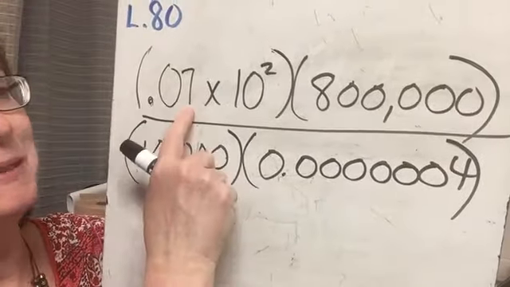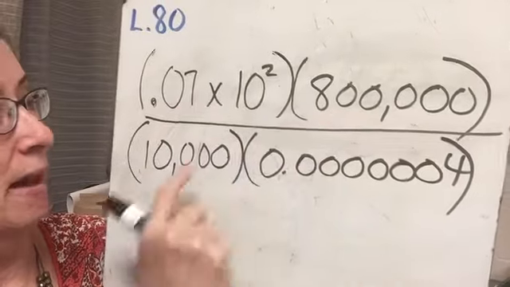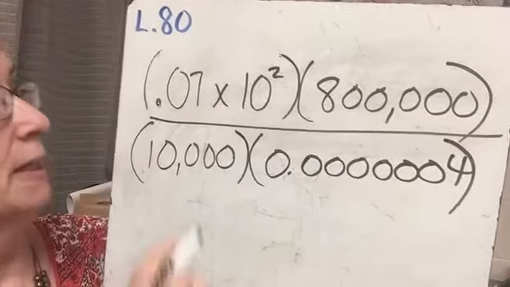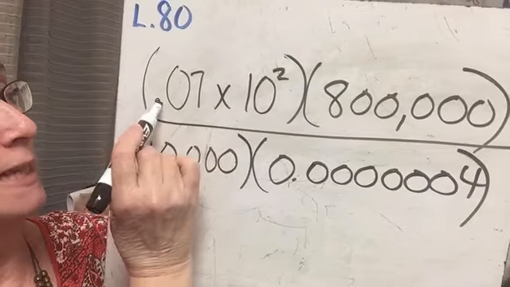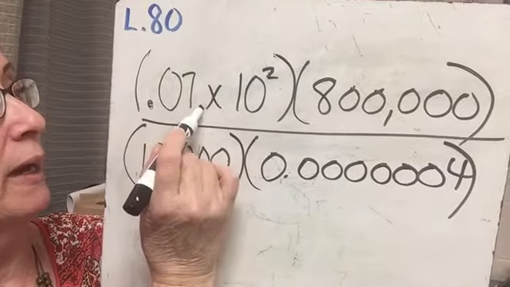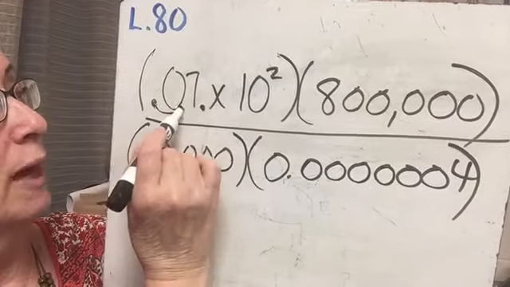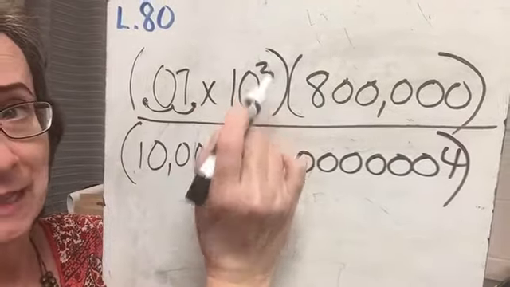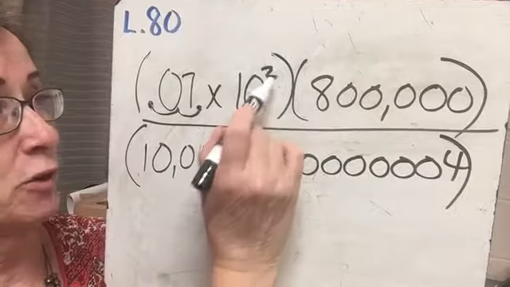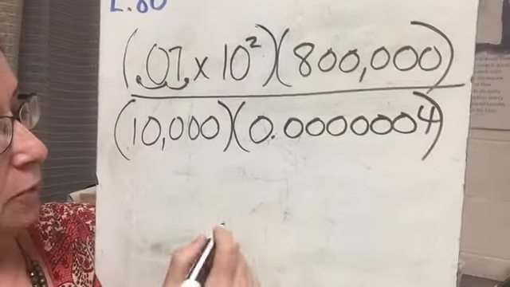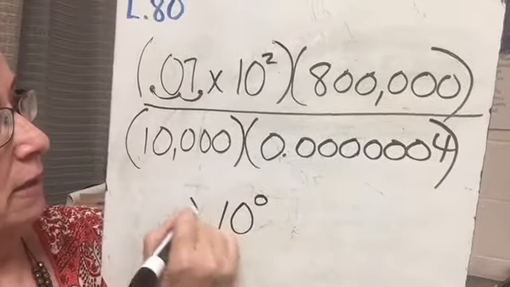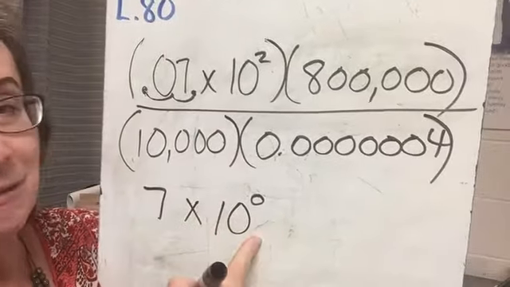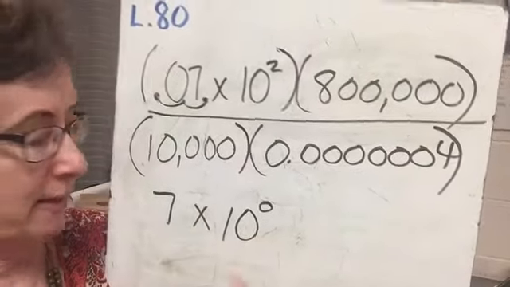All right, so this one's not in scientific yet. This one's not. This one's not. We've got to do all of them. Okay, so we take the decimal from where it is now to where it needs to be. So 1, 2 steps to the right means that this one has to move 2 steps to the left. Well, 2 take away 2 is 0. So we're going to have 10 to the 0 times 7. Now we know 10 to the 0 is just 1.